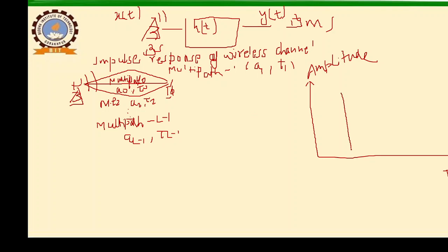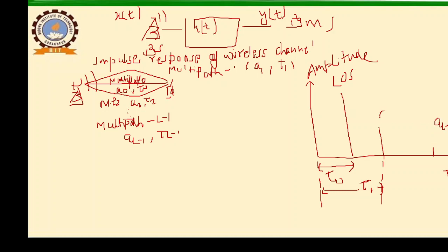From line of sight we are getting this type of signal, from delay tau naught, and the second, tau 1, we are getting, and at the last A L minus 1.